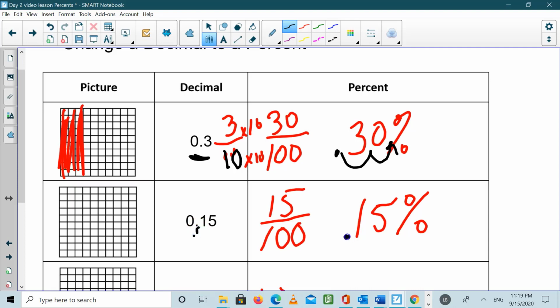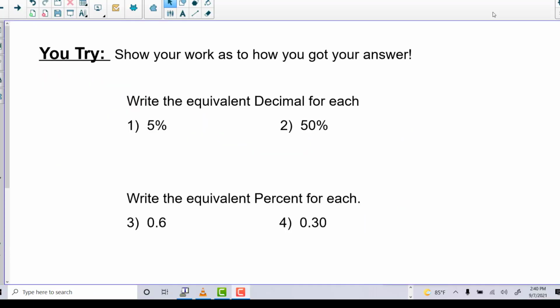The decimal was right here, and now we move it 2 places to right there. Now if that confuses you, I don't want you to focus on that. If the pictures help, then I want you to do that as well, or focus on making the equivalent fraction to 100. So you can read the decimal, write the fraction, and then get it to 100 if it is not already. Now it's your turn to try.